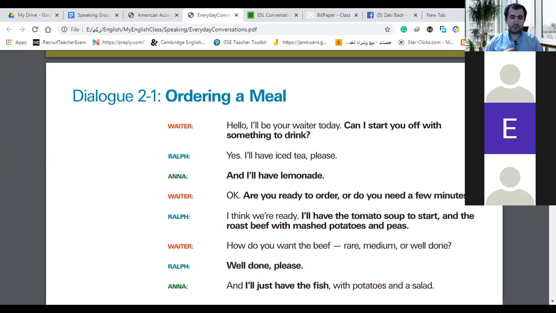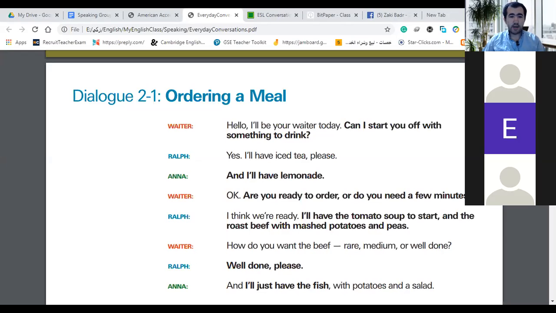I'll have the tomato soup to start and the roast beef with mashed potatoes and peas. How do you want the beef? Rare, medium, or well done? Well done, please. And I'll just have the fish with potatoes and salad.